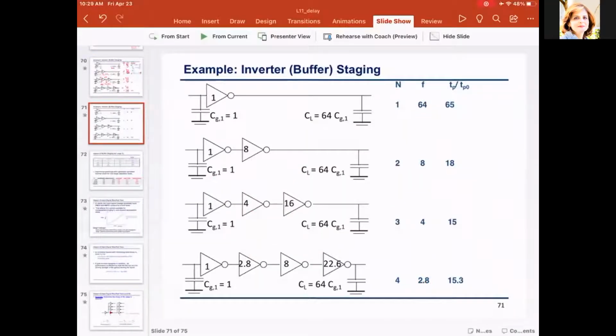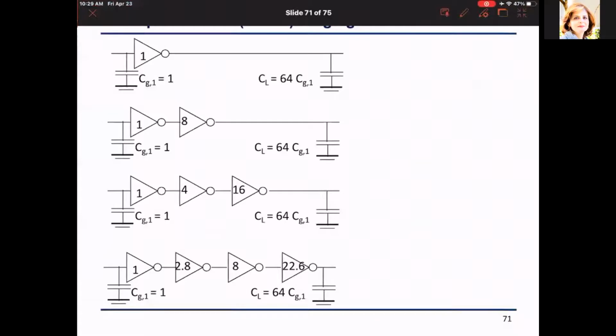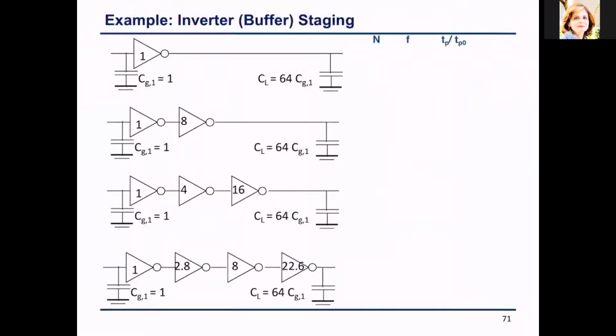So here I have the equation for TP over TP0 that came from the previous slide. The equation for TP over TP0 was n into 1 plus F over gamma, and gamma is considered 1. Okay, so for the first one, this is 64: 1 into 1 plus 64 over 1 gives me 65.